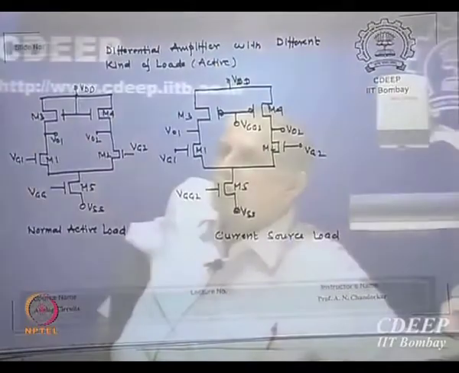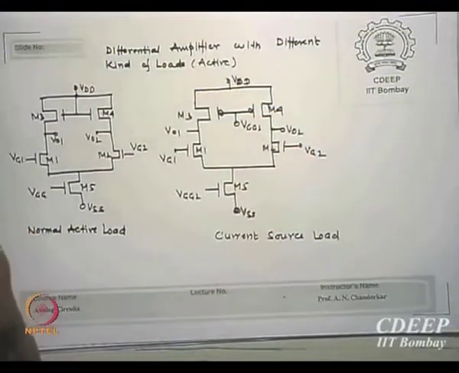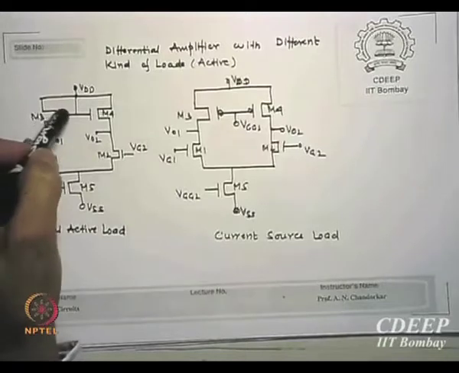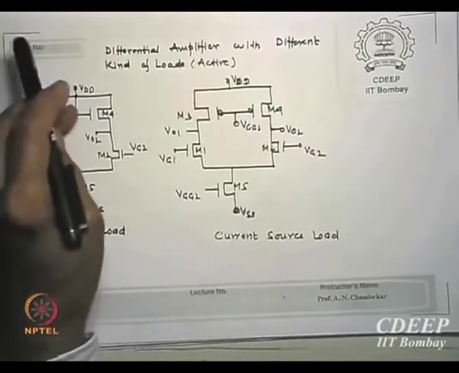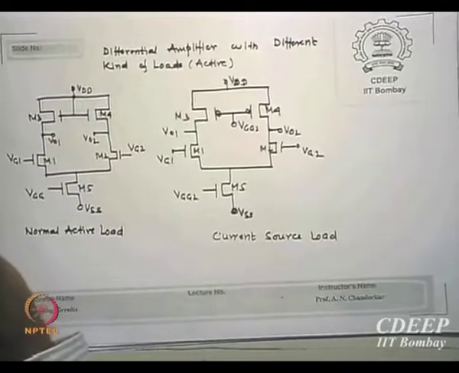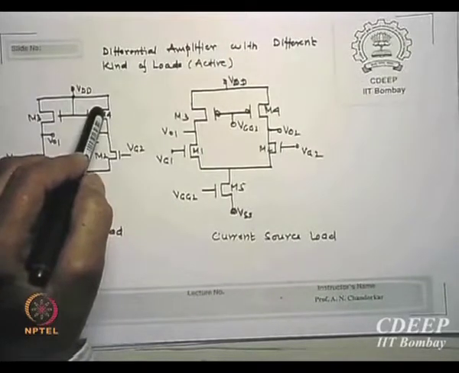Permanently saturated, because VGD and VDS are same. Therefore VGS minus VT will always be smaller than VDS, come what may. Is that correct? Since the same potential exists across this, VGS minus VT is guaranteed to be less than VDS. Therefore M3, M4 will always be in saturation.